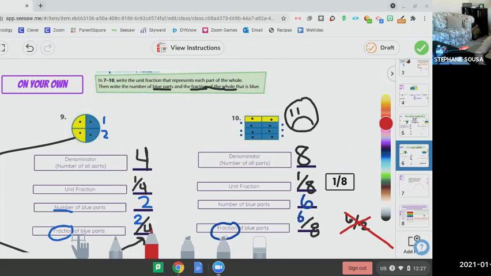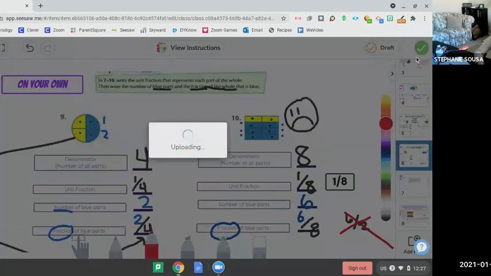Remember, copying is not learning. You have to actively think, does it make sense? Okay. All right. Click the green check to turn that in now that you have fixed it.